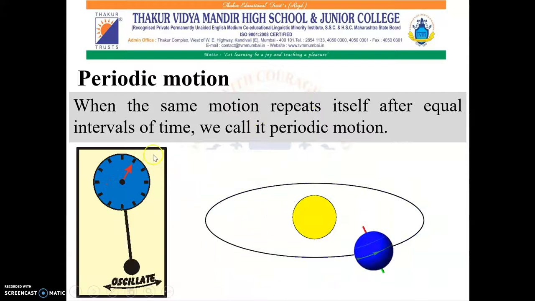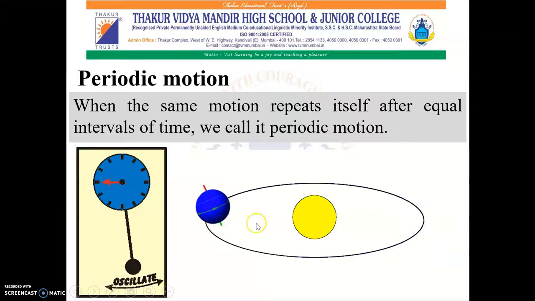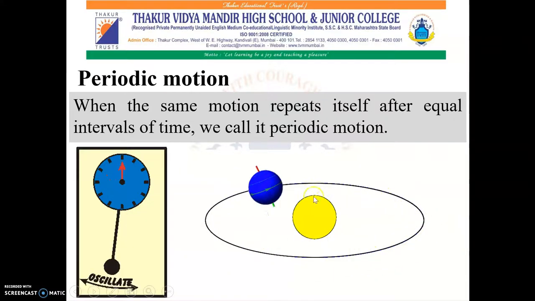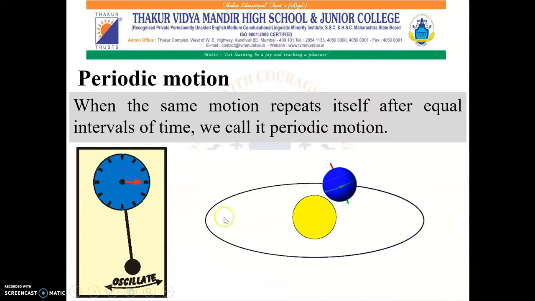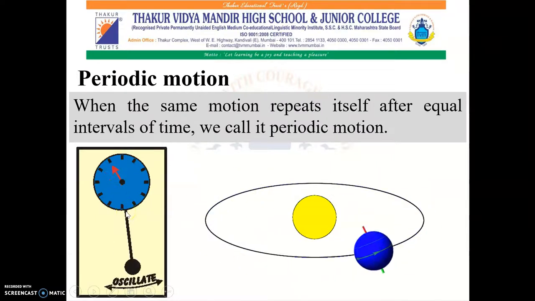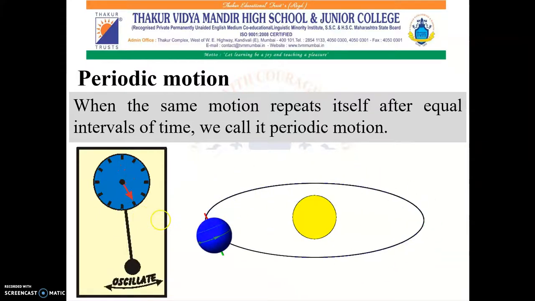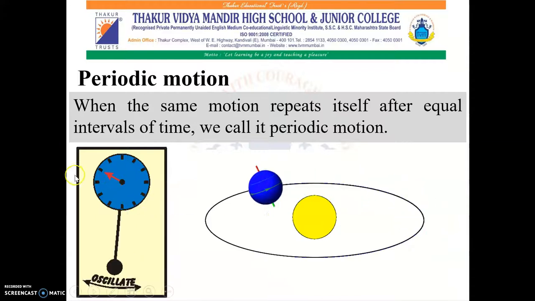Here, the first one is the motion of the pendulum of the clock, which is an oscillatory motion, and the second one is the motion of Earth around the Sun. It is an example of circular motion. Both these motions are also periodic motion. Why? Because the same motion repeats itself after equal interval of time.